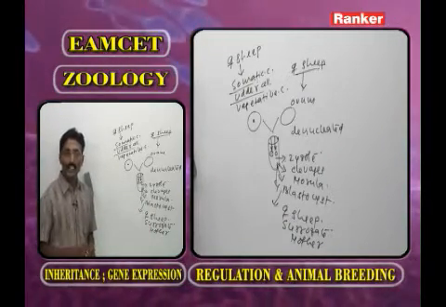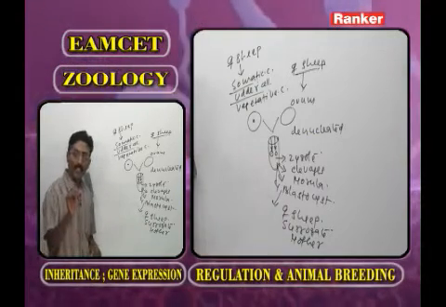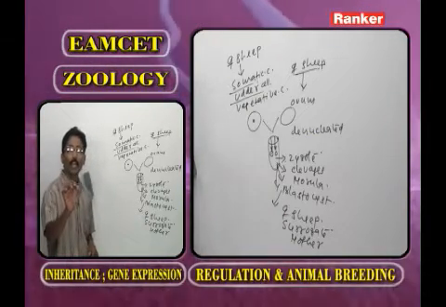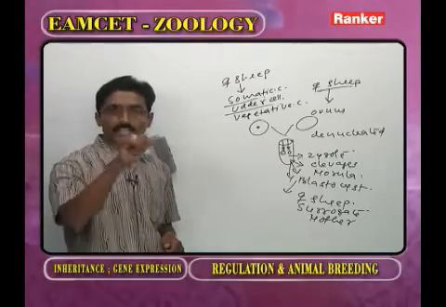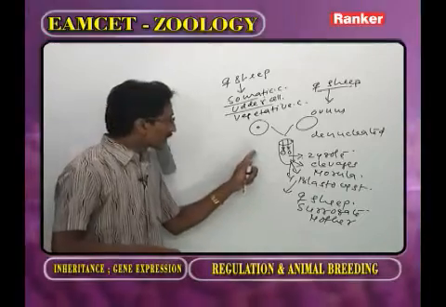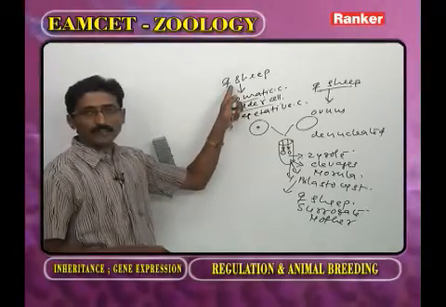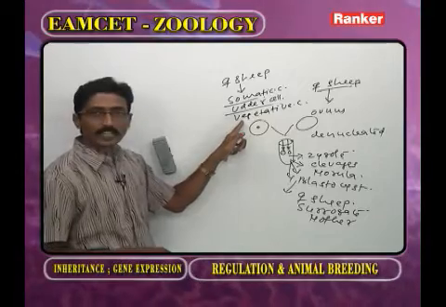Now after completing the experiment, this surrogate mother gave birth to a cloned animal that was named Dolly by Ian Wilmut. Now Dolly resembles this female sheep, because from this female sheep he has taken the vegetative cell.